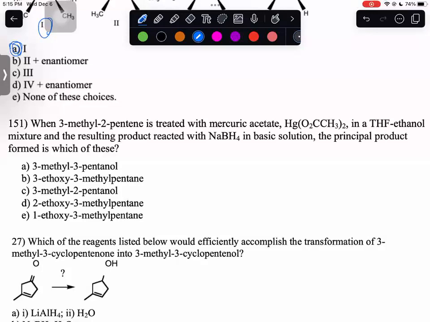It's just given in words with IUPAC names.